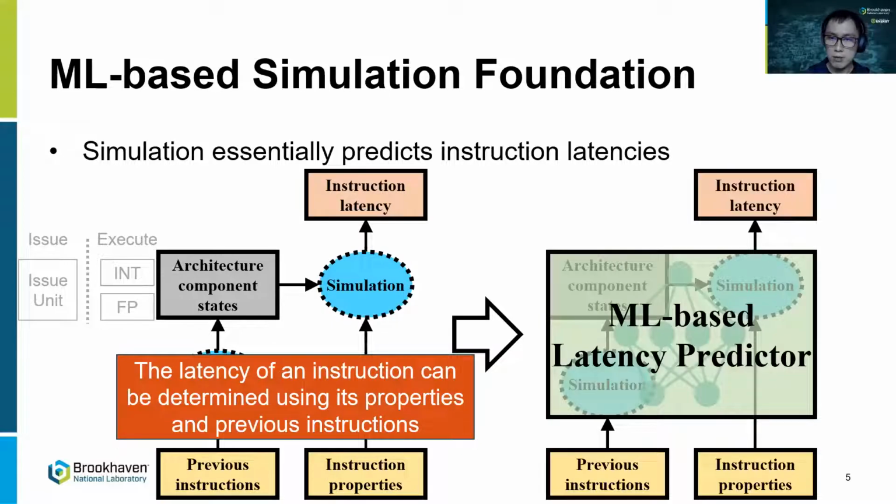Based on that, we propose a machine learning-based latency predictor to replace the simulation process. It will take the previous instructions as well as the current instruction properties as input and output the predicted latency of this instruction.